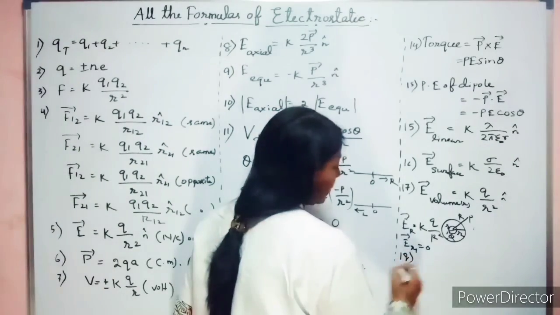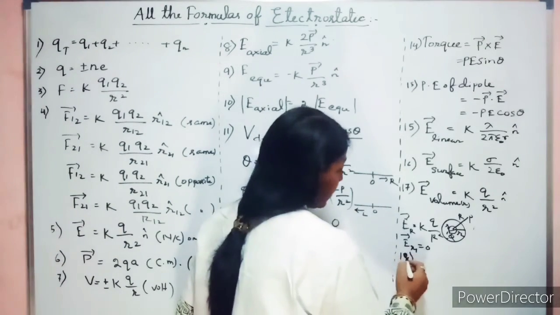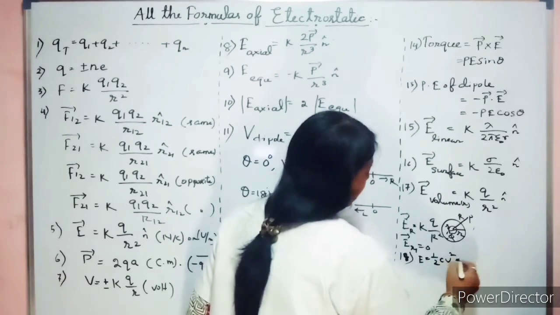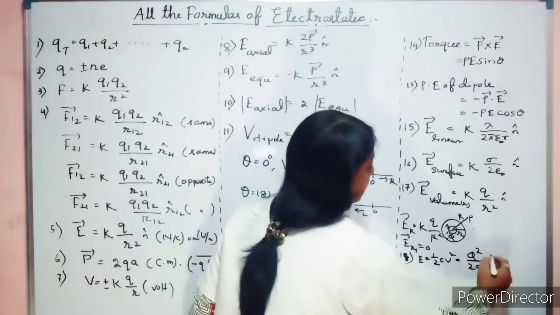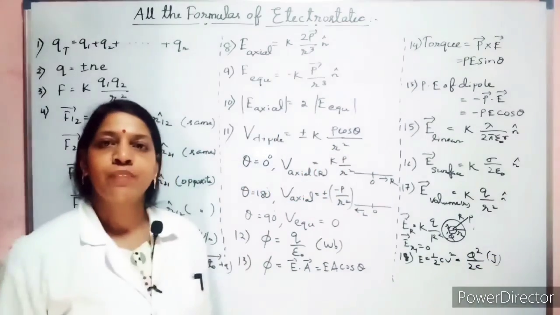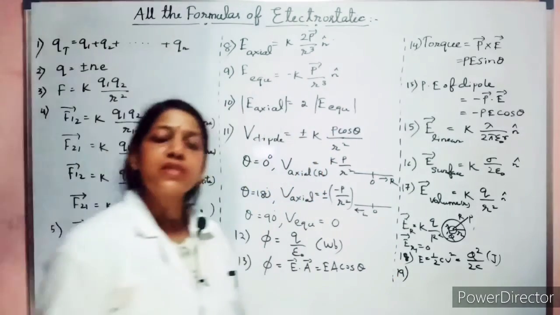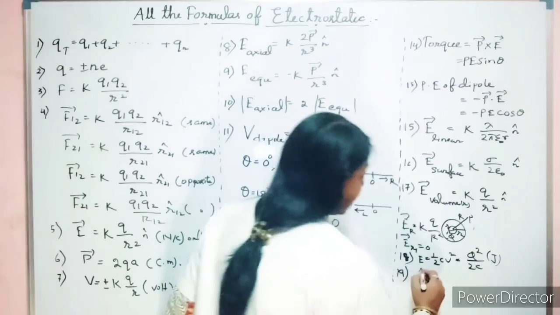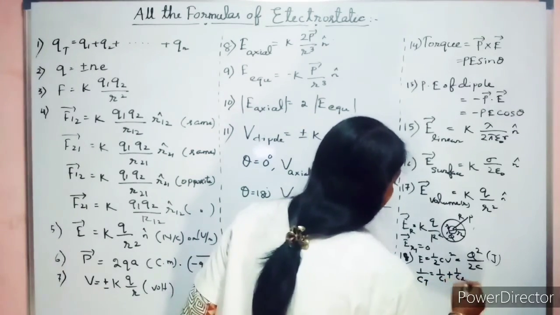Okay, next is the energy stored in a capacitor, that is equal to half CV square equal to Q square by 2C, this much of joule. Next is the combination of capacitors. Suppose two capacitors are connected in series, then what will be the net capacitance? It is 1 by CT equal to 1 by C1 plus 1 by C2.